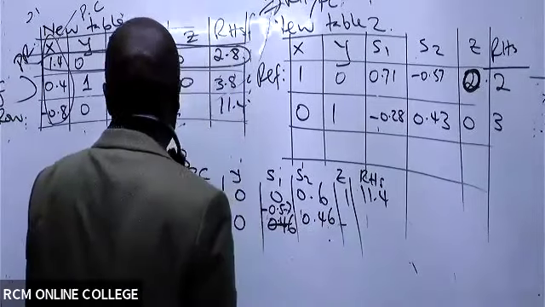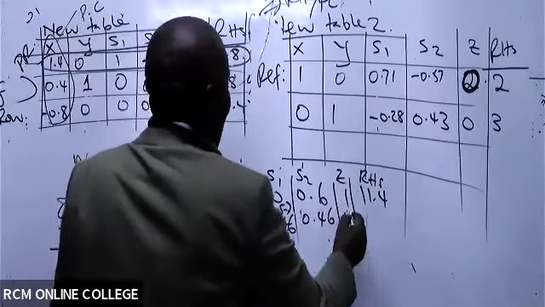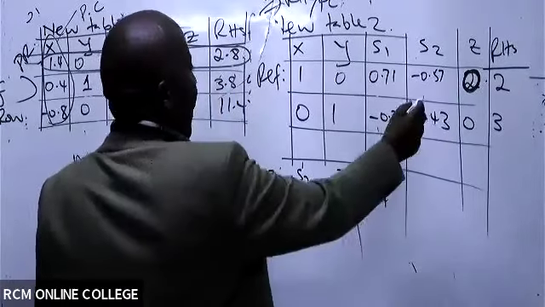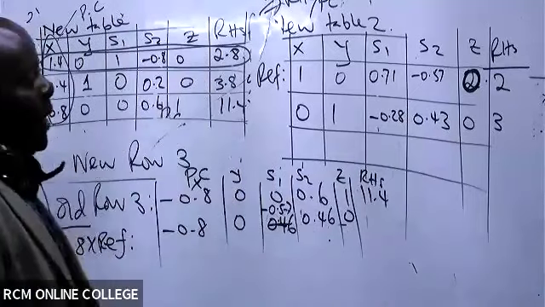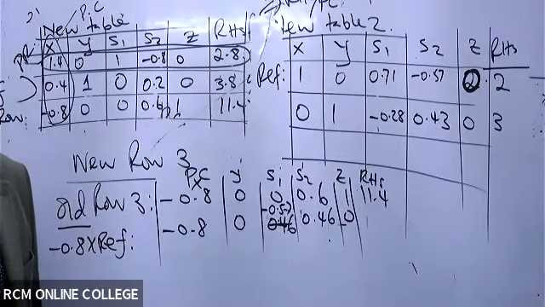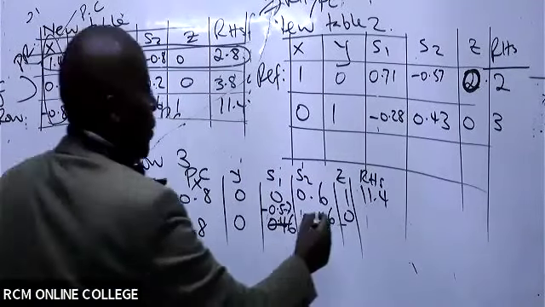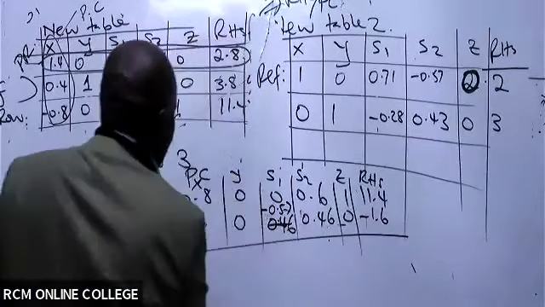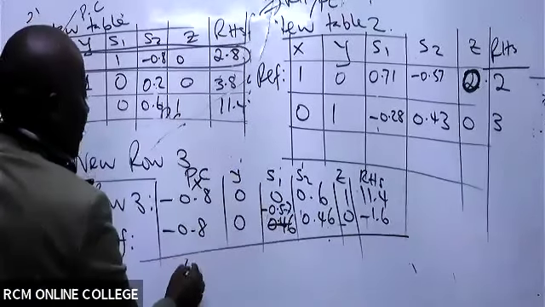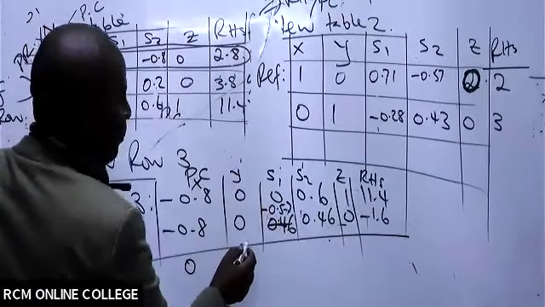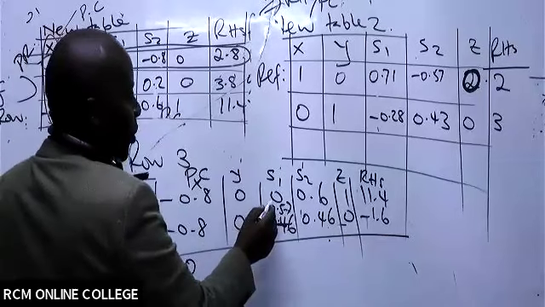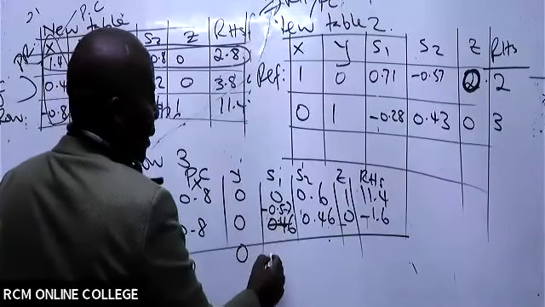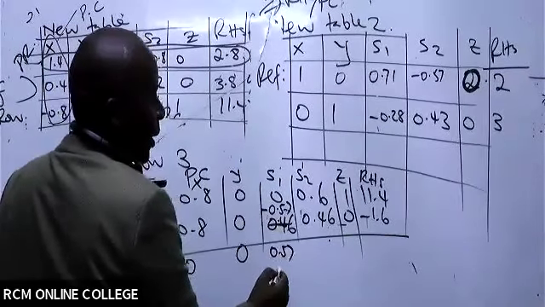And then now we have 0.8 by that 0, and 0.8 by that 2. How about minus 0.8 by that 2? That gives me minus 1.6. So please go ahead and subtract. So what do we have here? This becomes 0. This will be 0 minus this, which will be 0.57.